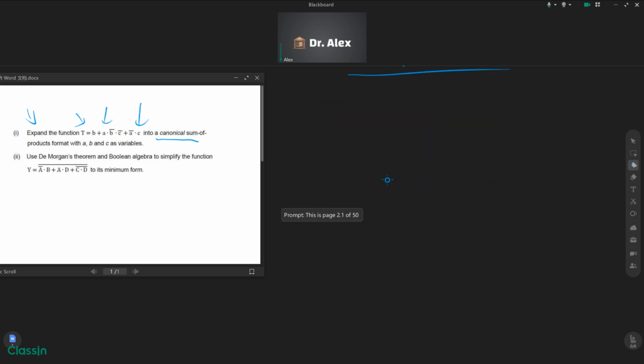Now let's move on to the second question, which asks us to use De Morgan's theorem to simplify this expression. First of all, and most important, we should understand De Morgan's theorem, which is quite straightforward.